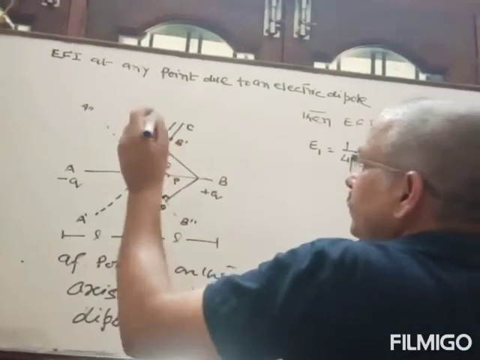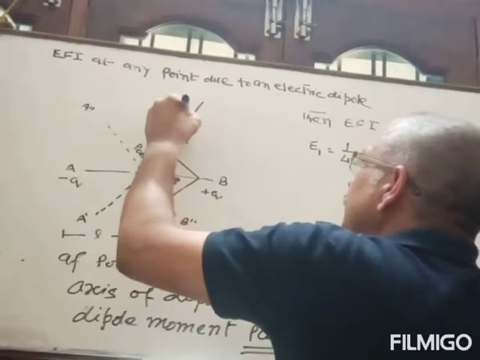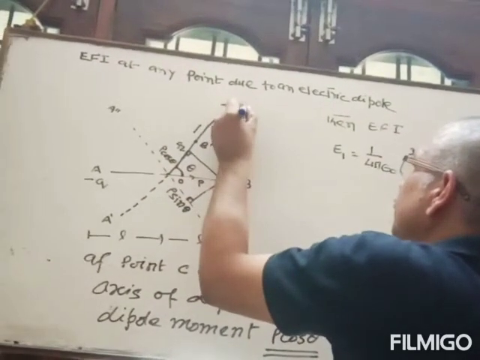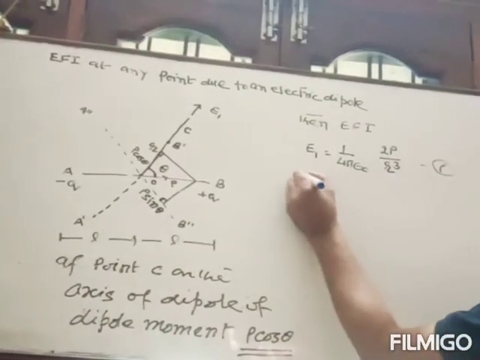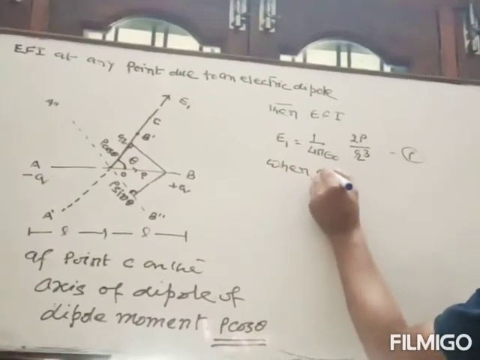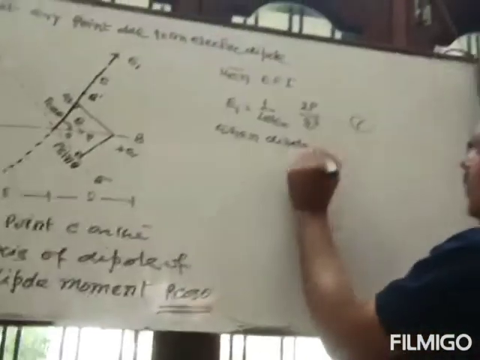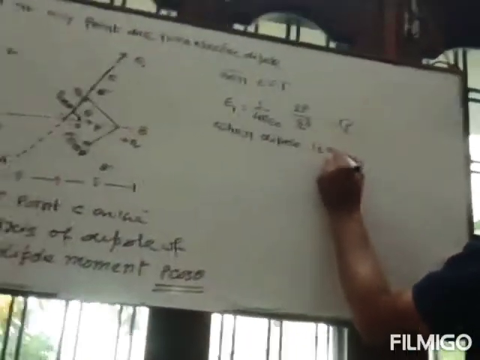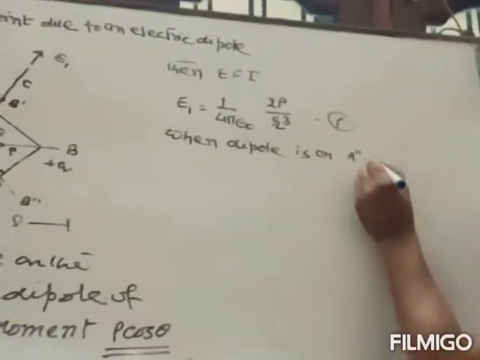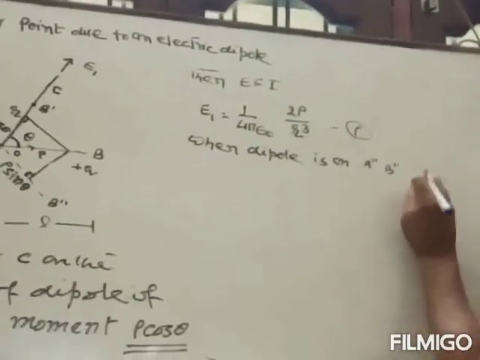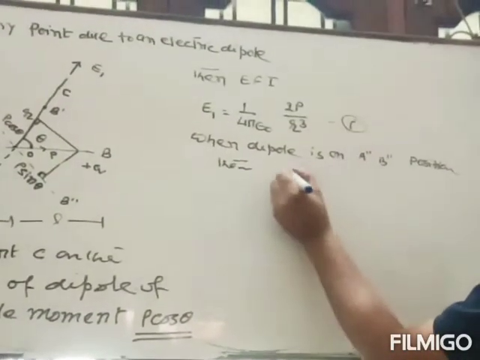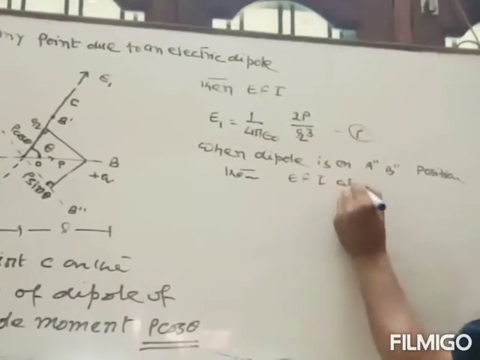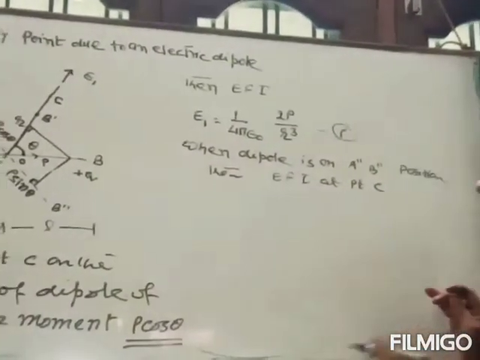This is E1. When the dipole is in A double dash B double dash position, then the electric field intensity at point C, in this case, what happens?